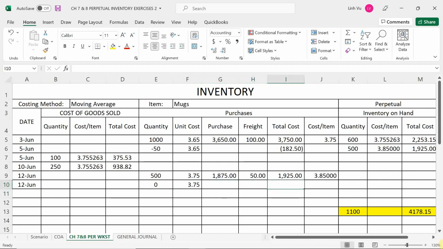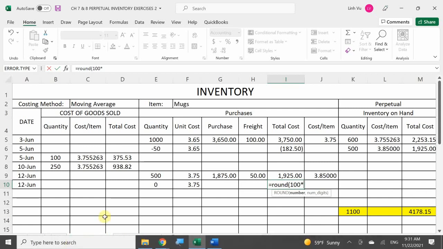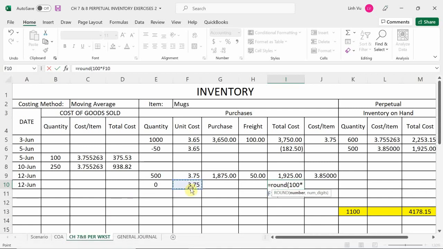Now, in this case, my total cost is going to be 100 times 3.75 times negative 0.25, right? 25% is what I am getting a discount for. So in this case, how much is my discount? $93.75.